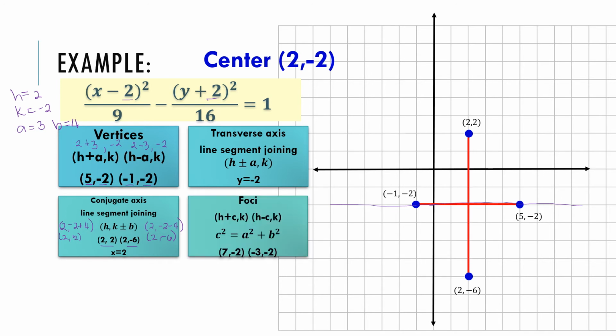Foci. Computing for the foci, ganun ulit, a squared. A squared is 9 plus 16. This is 25. Therefore, C is equal to 5. So, H plus C. Our H is 2 plus 5.